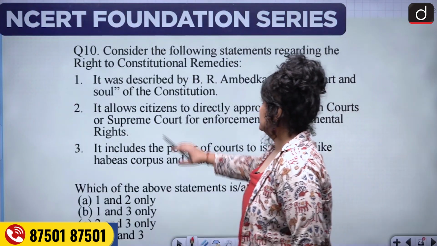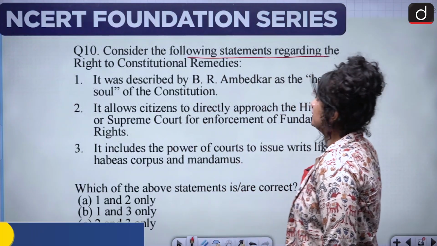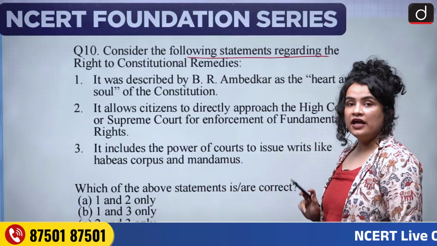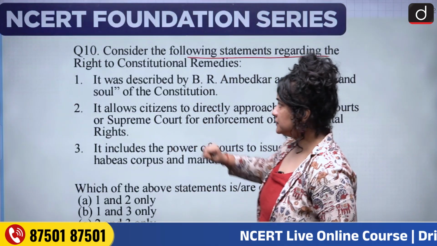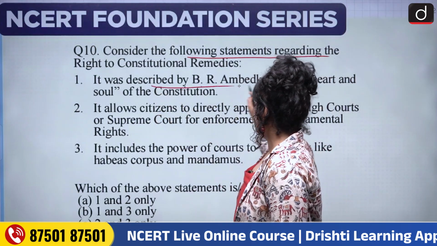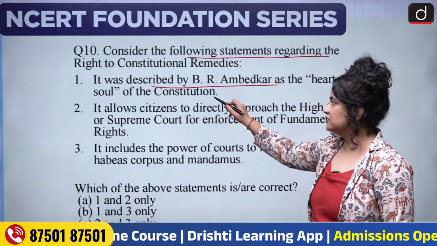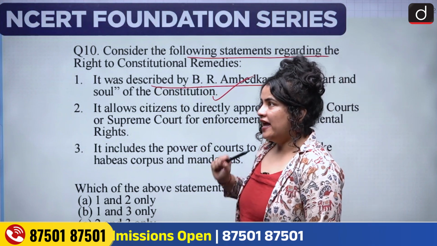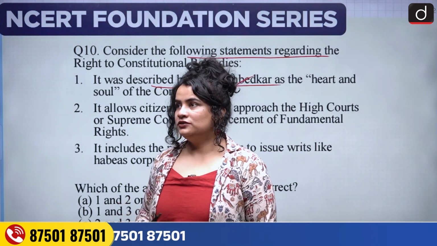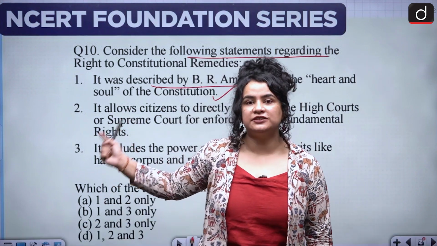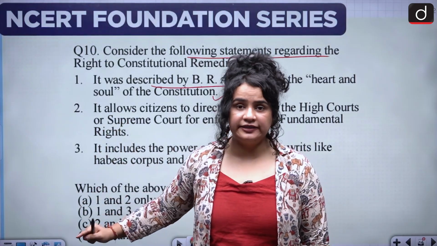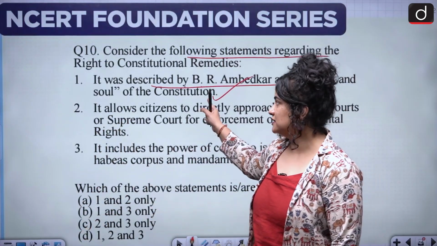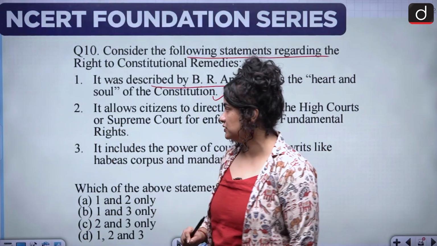The last question. Consider the following statements regarding the right to constitutional remedies. 1. It was described by B.R. Ambedkar as the heart and soul of the Constitution. Absolutely correct. Imagine that the right to have your fundamental rights protected is itself guaranteed in the Constitution. Of course, it is the heart and soul of the Constitution.